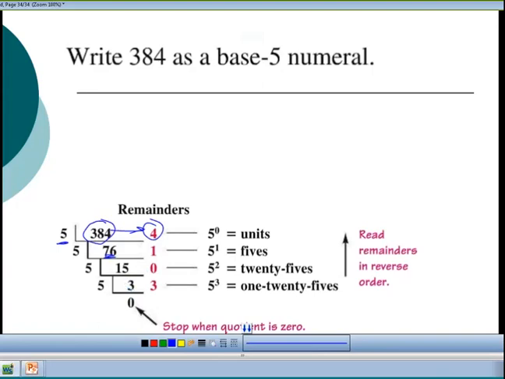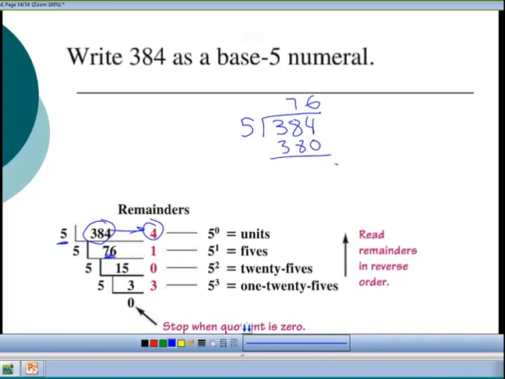So what we're doing is dividing this way by 5. Let me show you how this works. If I had divided 384 by 5, I would have got 76. Then if I multiply 5 times 76, that gives me 380.